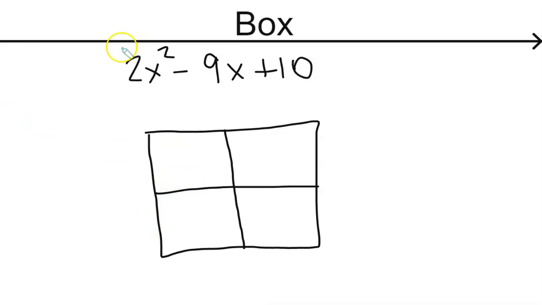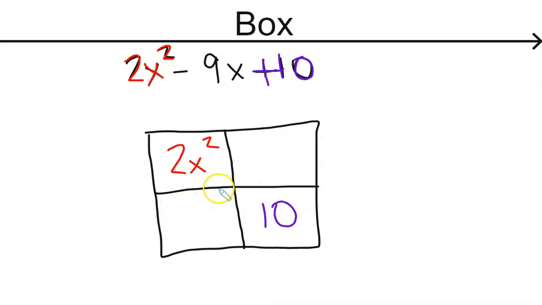All right, so I'm going to color code this as well. So I got a 2x squared. Okay, so that goes in the first box. Then I have a plus 10. Okay, this was your constant. This went in the last box.